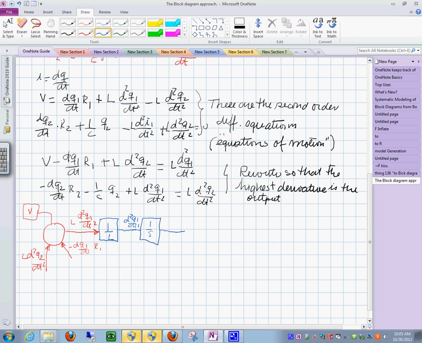This one is going to have dq1 dt, right? And then if I integrate another time, 1 over s, I am going to obtain q sub 1, which is now my state variable. And I would love to put this into a scope so I can look at it. But you see what's happening here?